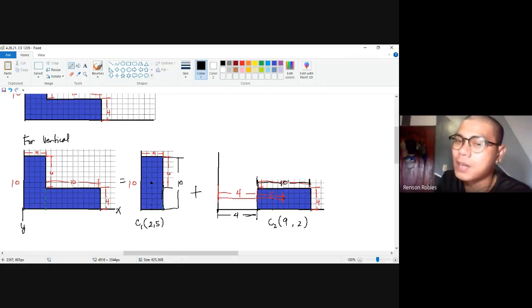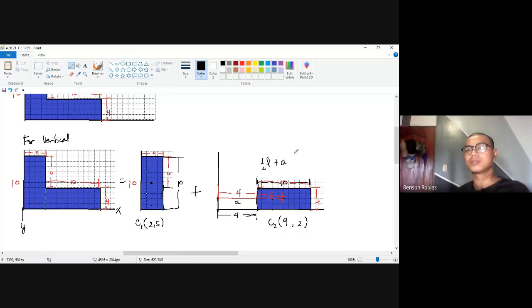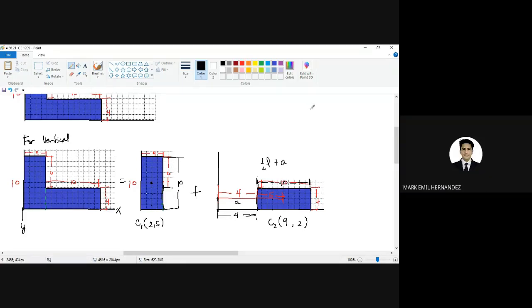So that's 5. 1/2 of the length nito plus yung distance mula dito hanggang doon. Mula din hanggang dito. Plus, let's say, I'll write this as A. Plus A. So that's 1/2 ng 10 plus 4. Okay yan? Yes po, sir.